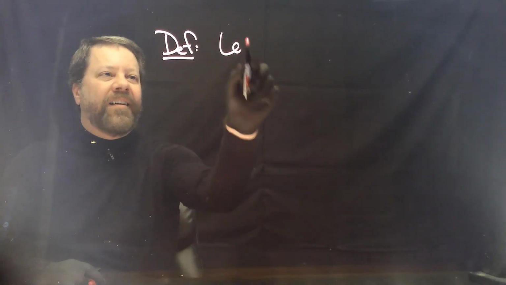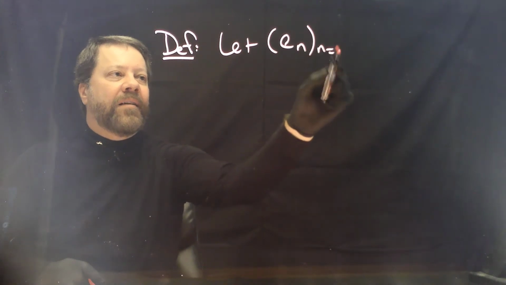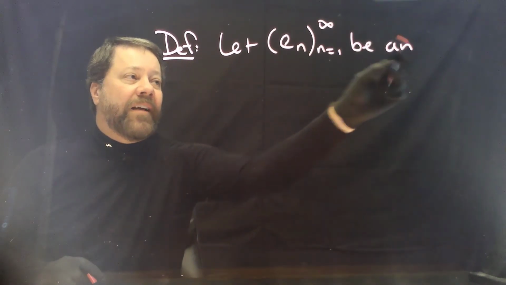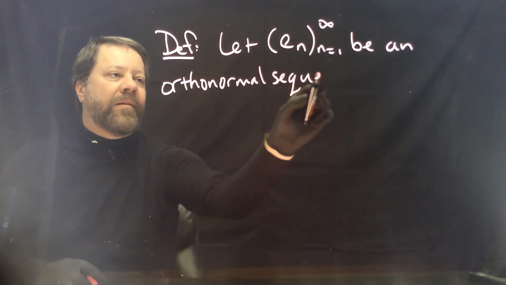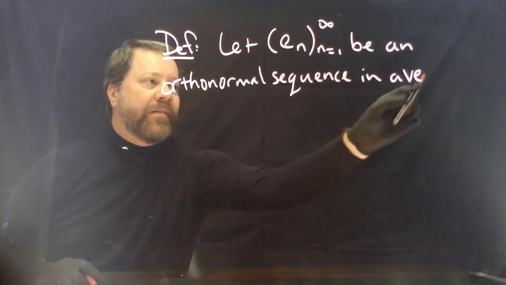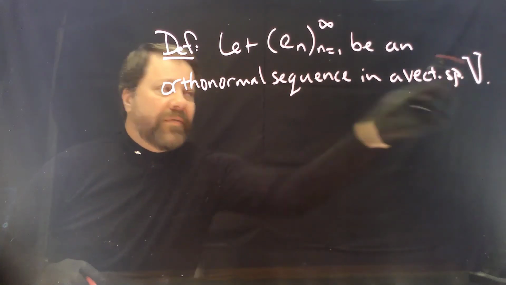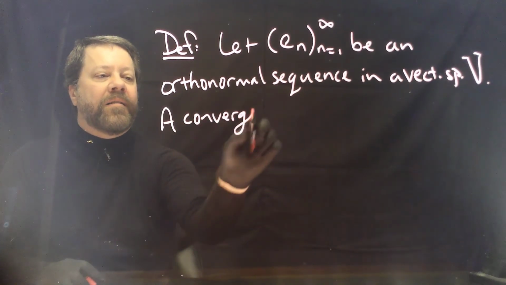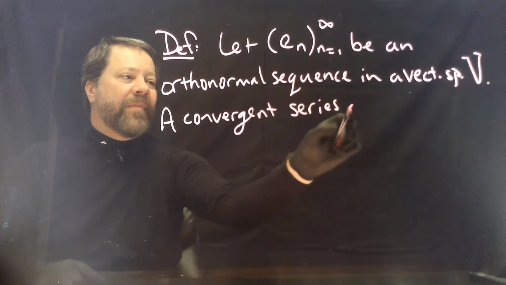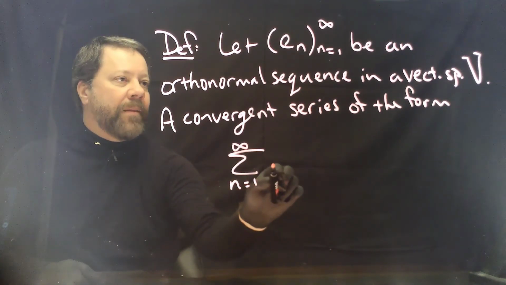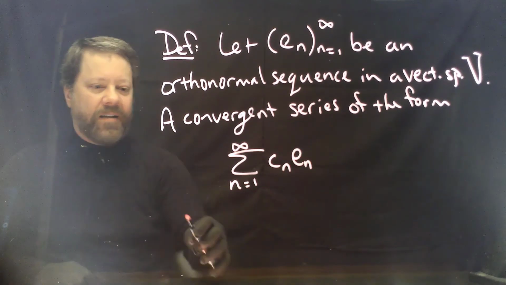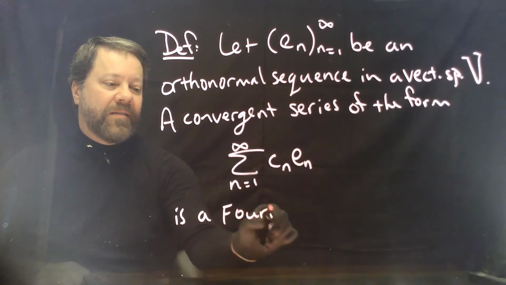We're now ready to define what we mean by a Fourier series. Let En be an orthonormal sequence in a vector space V. A convergent series of the form the sum as n goes from 1 to infinity of Cn En is a Fourier series.